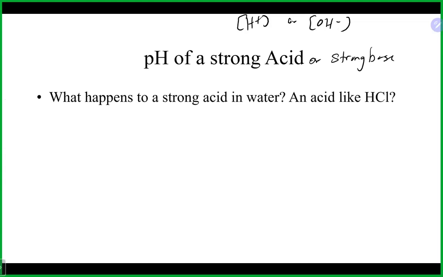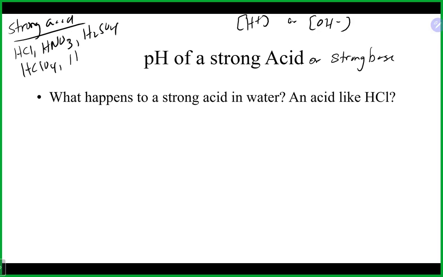And remember that when we talk about strong acids, we had a list earlier on, that list of 6 strong acids: hydrochloric acid, nitric acid, sulfuric acid, perchloric acid, hydrobromic acid, and hydriodic acid.